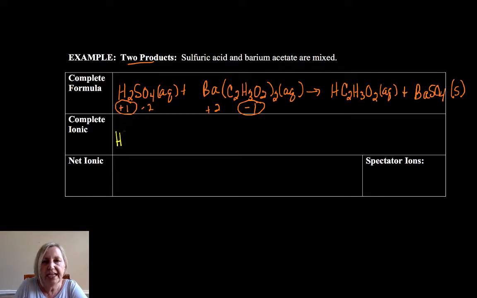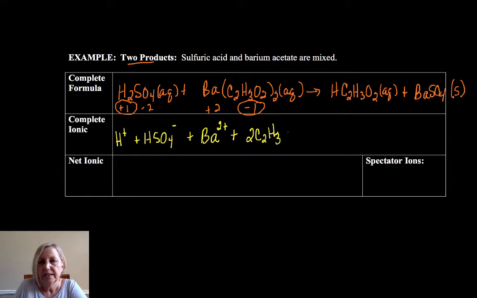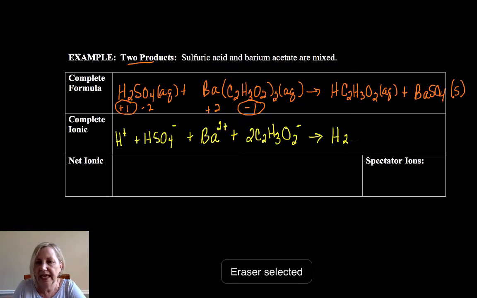The first H+ of sulfuric acid is strong, so I like to write it this way. All acetate salts are soluble without exception. So you notice I'll get 2 acetate ions, each separately surrounded by water. Acetic acid is a weak acid, and so we're not going to dissociate our weak acids.